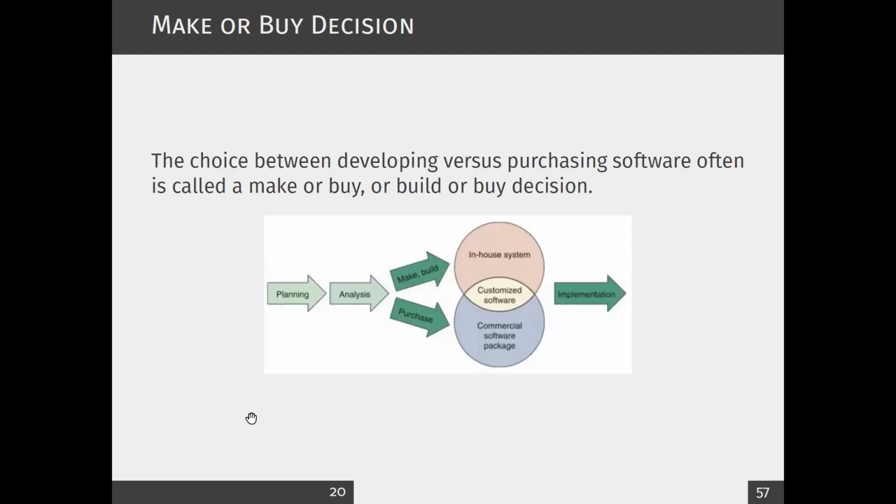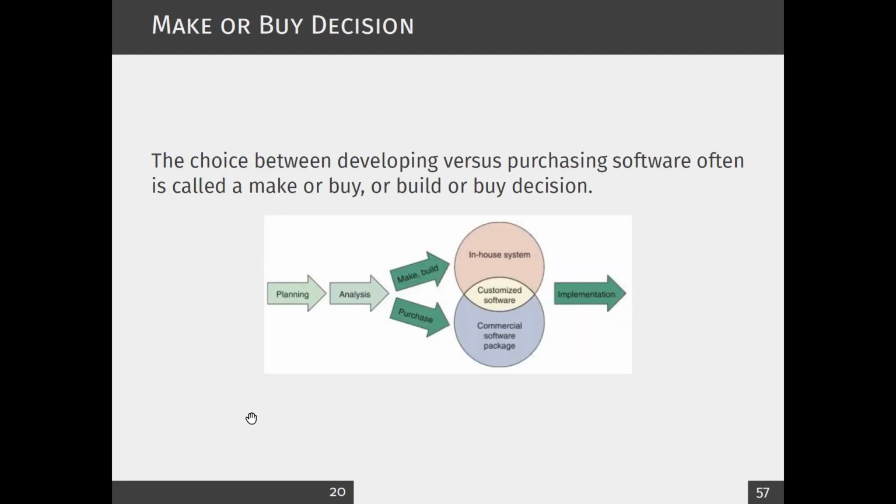Now, we were discussing so far what are the possible solutions we have when we want to develop software. So let's look at what will happen during each of these phases. We start with planning, analyzing, and then you take different paths.